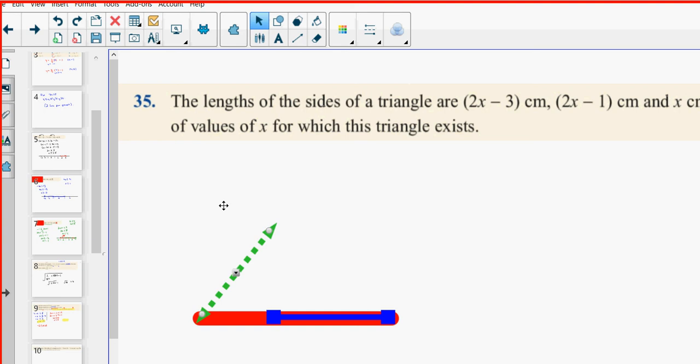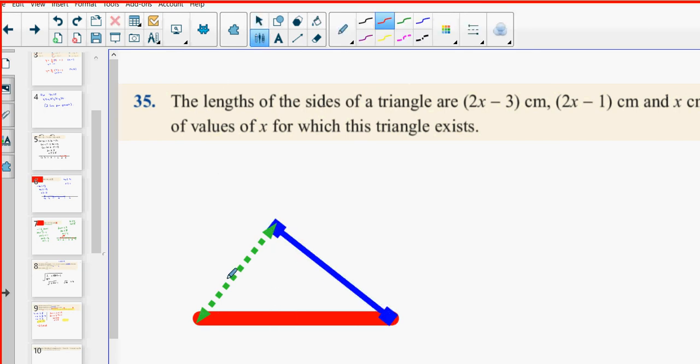Add any 2 sides together and they must be longer than the third side. So as an example, if that was 15, this is 8, what value must the blue line be? It has to be bigger than 7. Would you agree with that? So let's say an example of 9. This is known as the triangle inequality. Any 2 sides added together must be bigger than the third side.